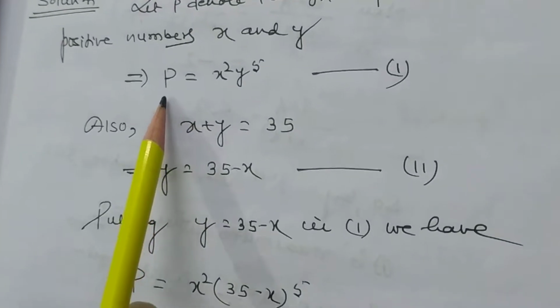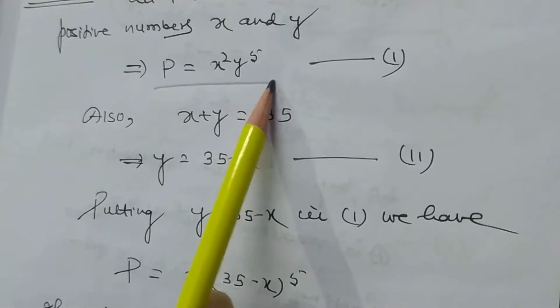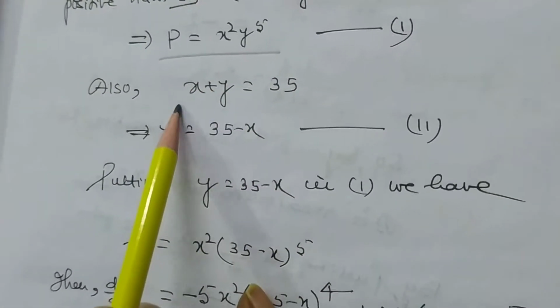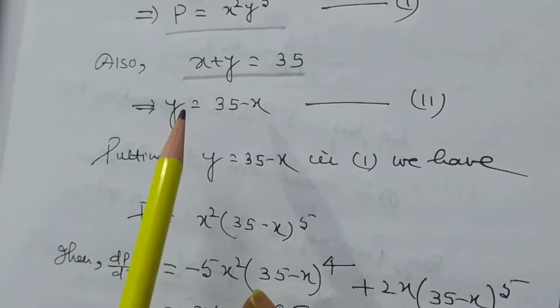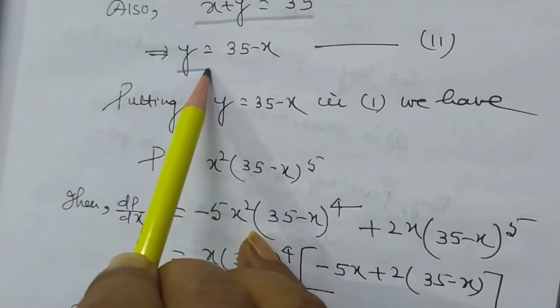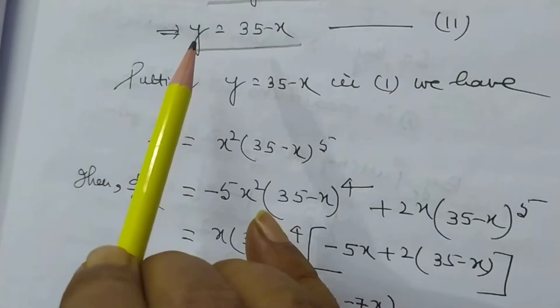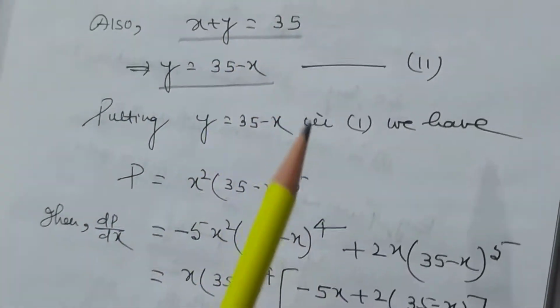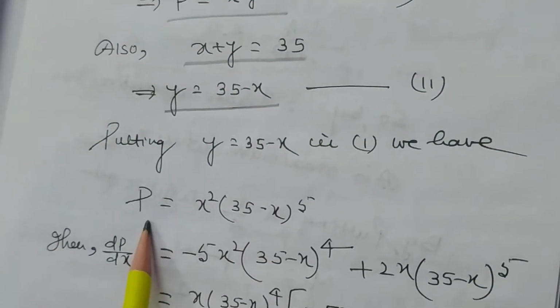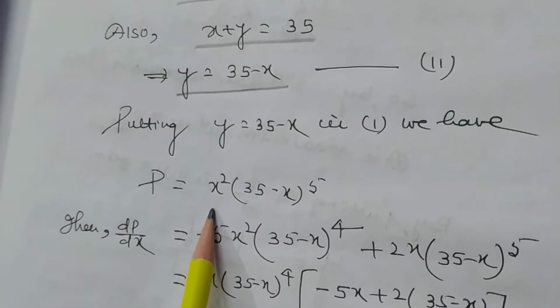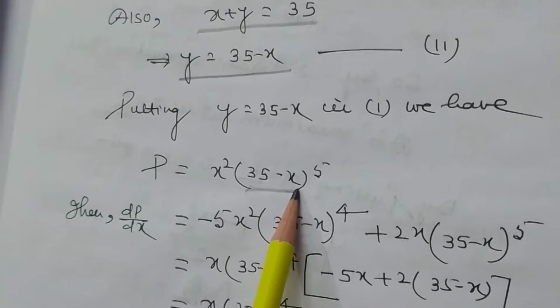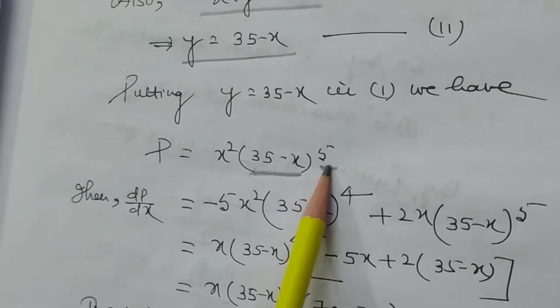According to the question, P is equal to x square y to the power 5. And it is given x plus y is equal to 35. So y is equal to 35 minus x. Putting y is equal to 35 minus x in equation first, we have P is equal to x square (35 minus x) whole to the power 5.